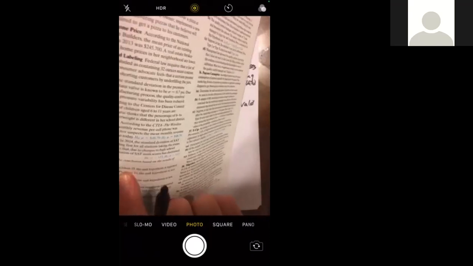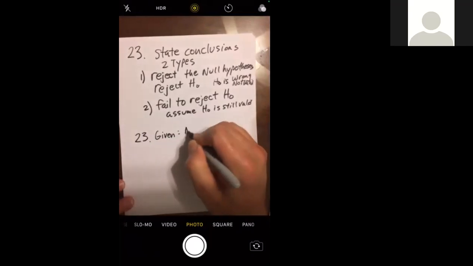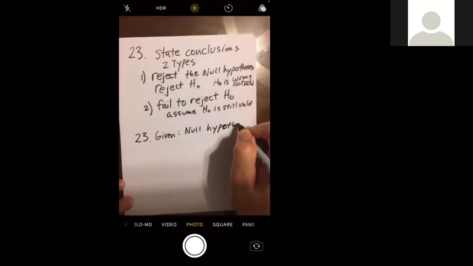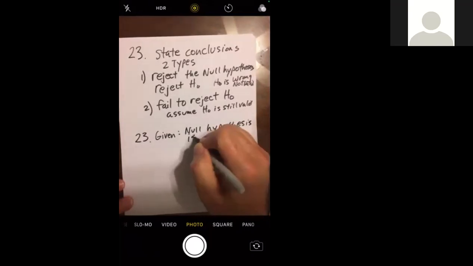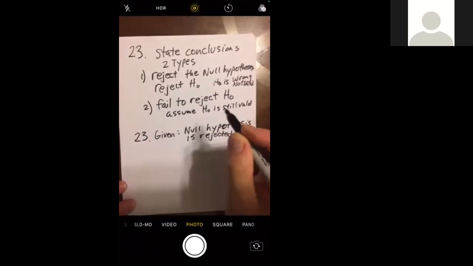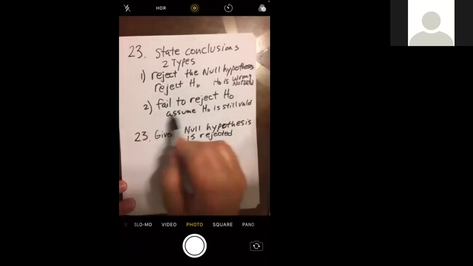It says for the hypotheses in problem 25, I'm sorry, problem 15, the null hypothesis is rejected. That's what's given. They say state the conclusion. It's one of these two phrases.